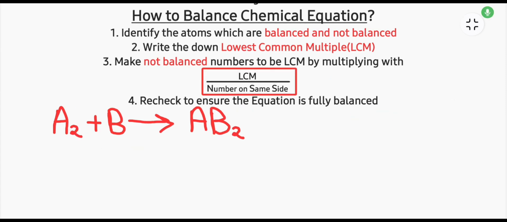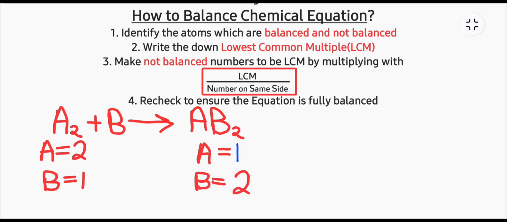And now let's balance this one. A2 plus B gives me AB2. So balancing this one, I will identify balanced and not balanced. On the left the A is 1, on the right the A is 1; on the left the B is 1, on the right the B is 2. So from there I can see A and B are not balanced.